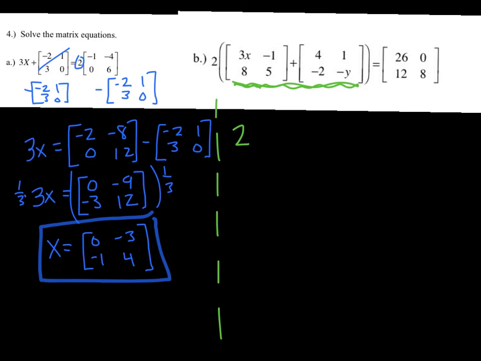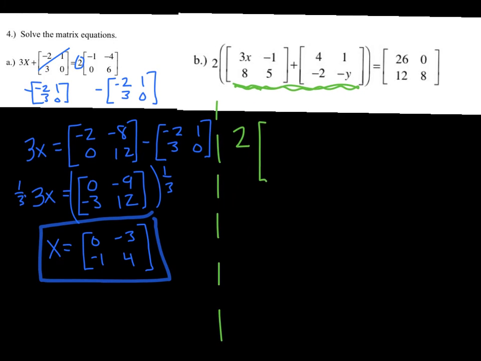And how do we add matrices? We just add the corresponding entries. So 3x plus 4, and I'm going to keep it as 3x plus 4 because we can't add an x value and a non-x value.